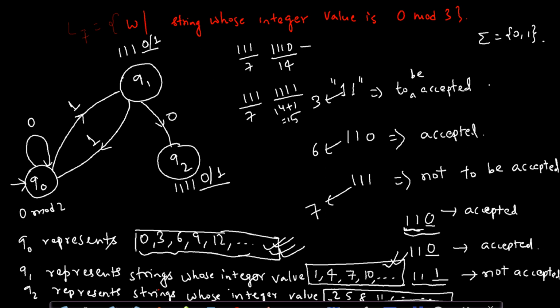If it is 0, giving 11110, the value is 28. 28 is 1 mod 3. So when you are at Q2 and you see 0, you go to Q1.